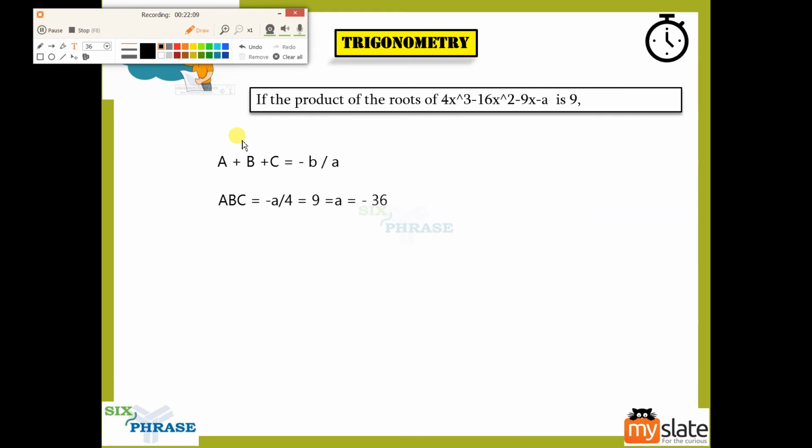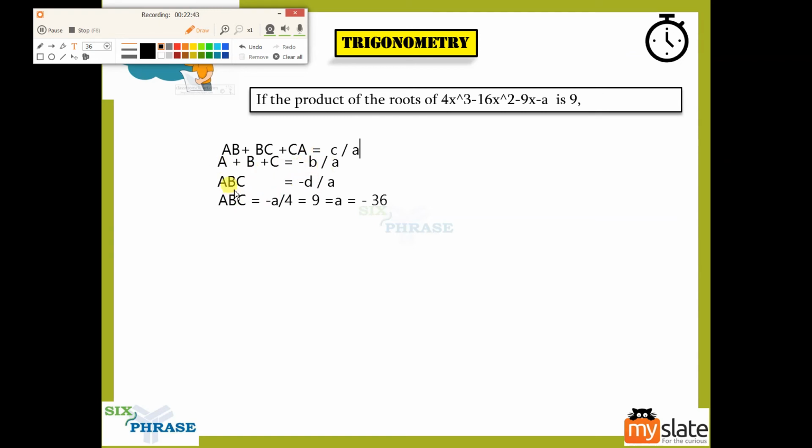Not only that, abc is actually minus d by a. Now what is not minus is the thing with two terms, ab plus bc plus ca. This doesn't have a minus sign, so this will be equal to c by a, so that 7 by 4 is correct. But here if you want the sum, it is minus b by a.